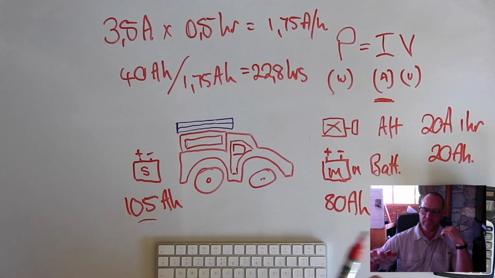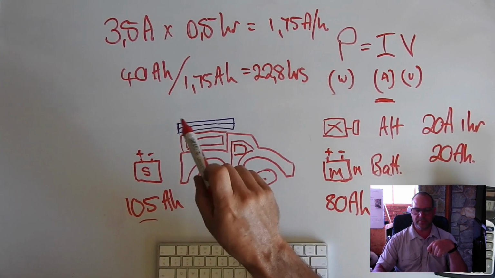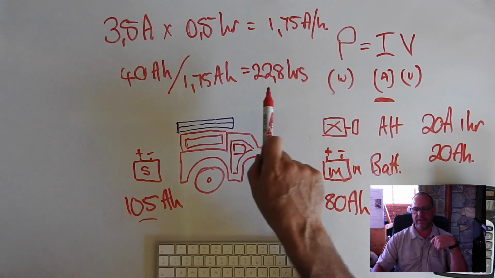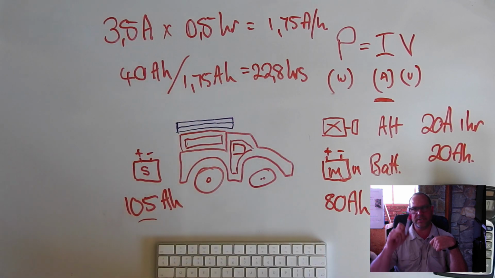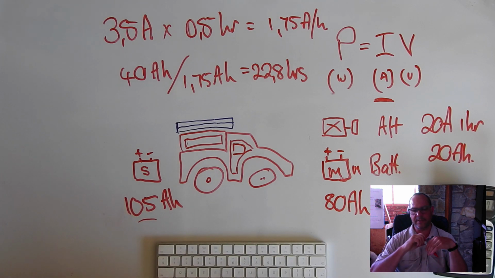Now what does that mean? 22.8 hours means that if I don't give any charge to this battery, the secondary battery, then my fridge will run for 22.8 hours, and then I have to switch it off because I've then reached my 60% limit.